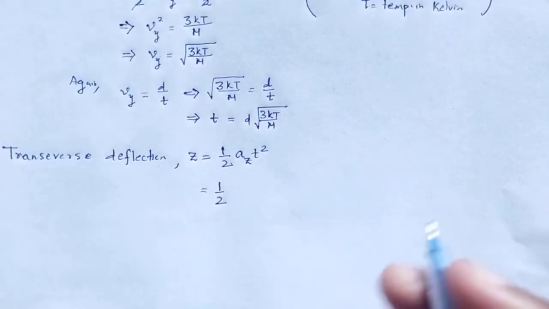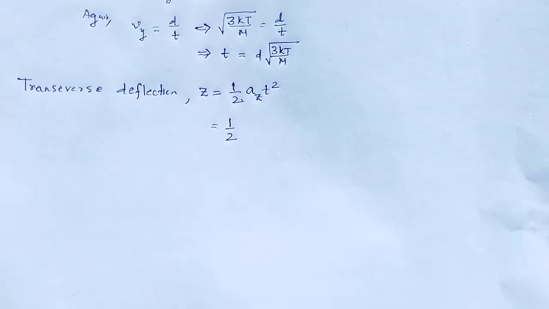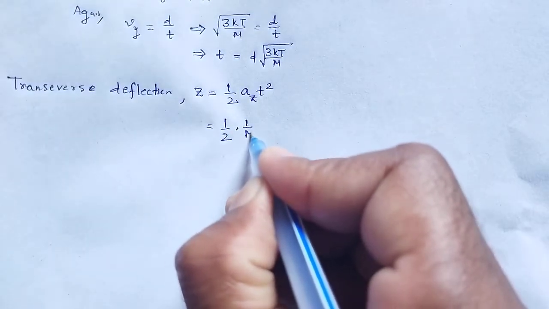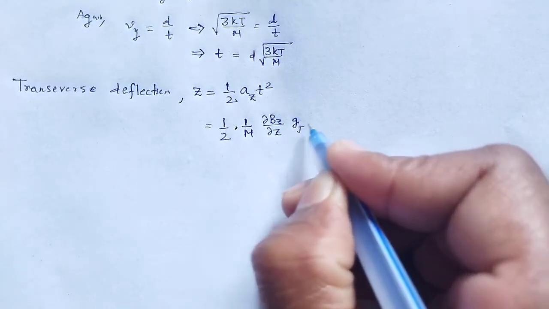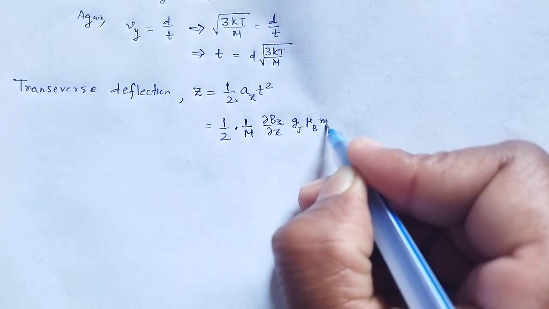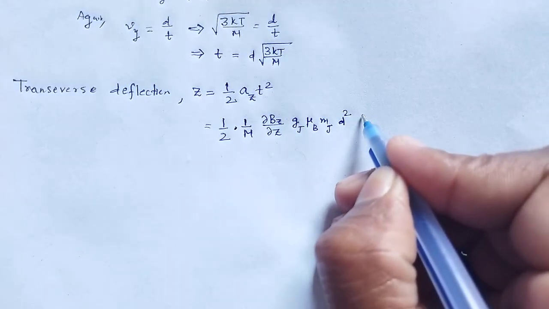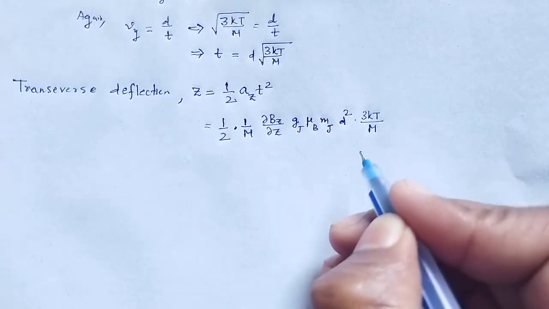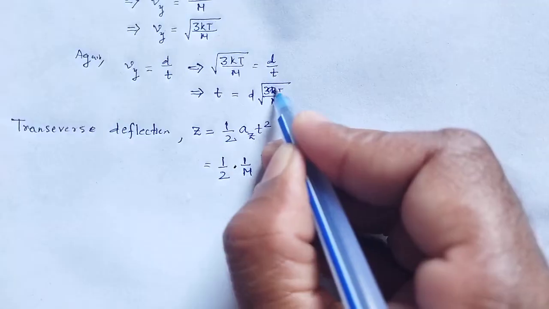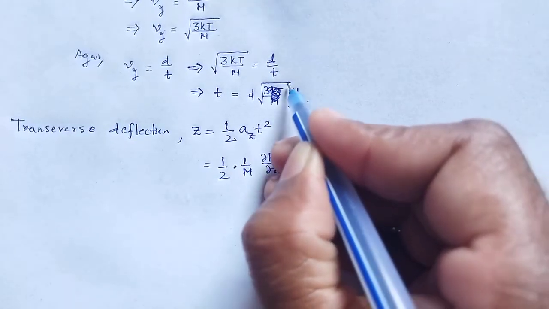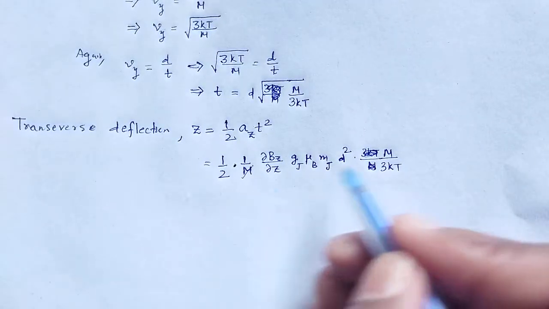Putting the values, the acceleration of the z component is 1 by m, del Bz by del z, gj mj mu b, and t square, the square of t, that is d square times m by 3 kT. So m and m cancel out.